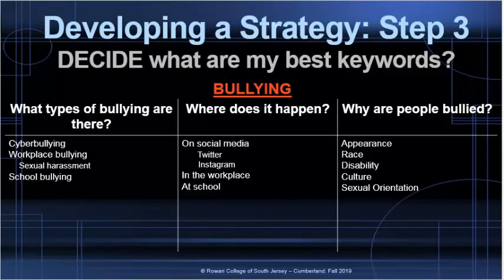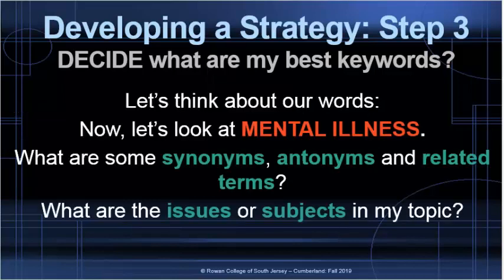Now that we have some more keywords, let's move on to our second term, which is mental illness. Let's think about our words again. We're going to be thinking about synonyms, antonyms, and related terms. We also want to think about issues or subjects surrounding our topic of mental illness.